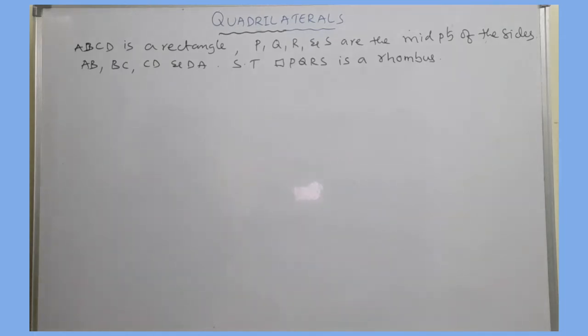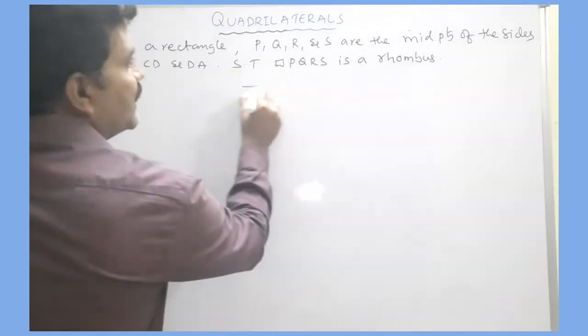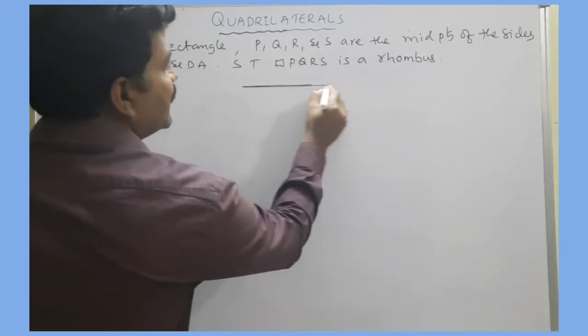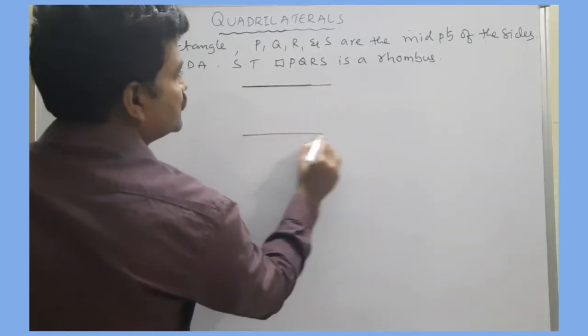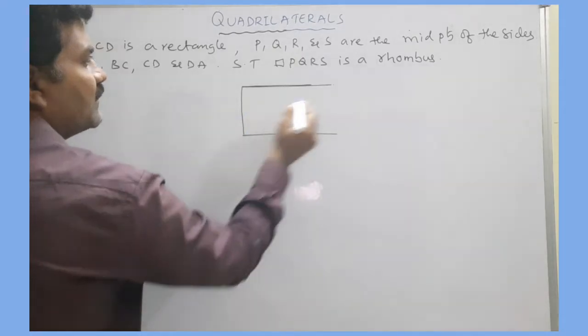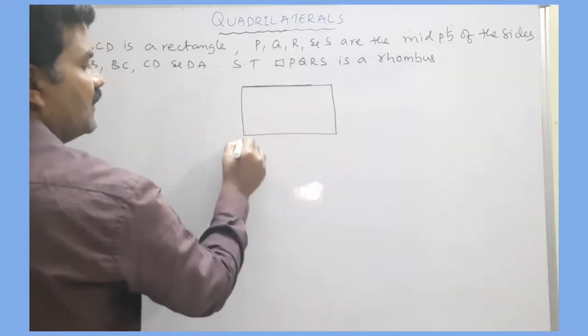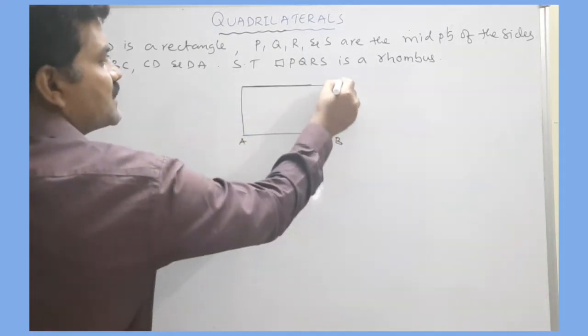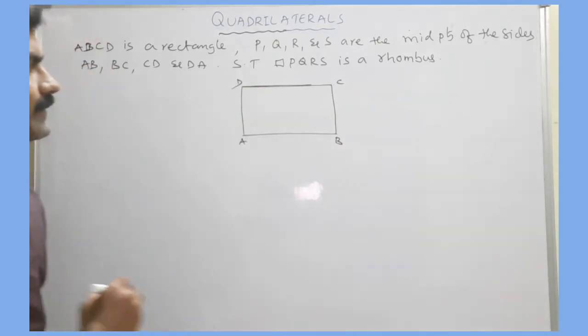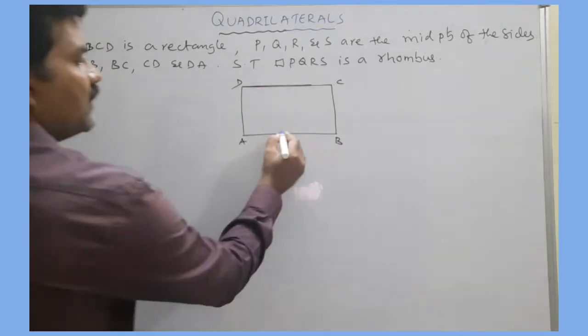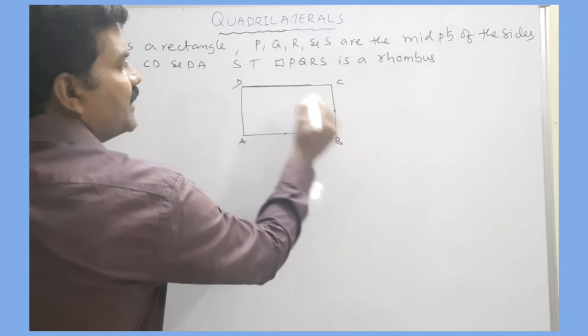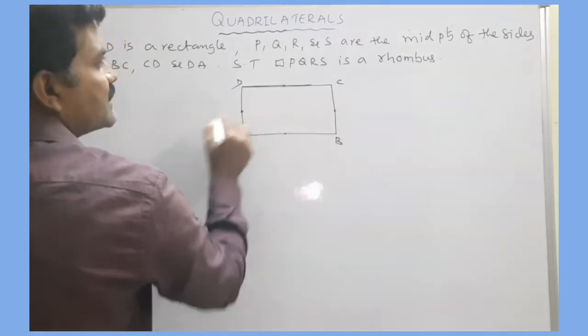See what is given? ABCD is the rectangle. Let it be the rectangle ABCD. Also identify the midpoints of the sides.